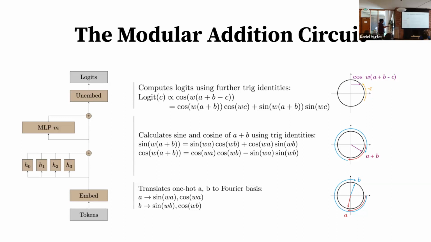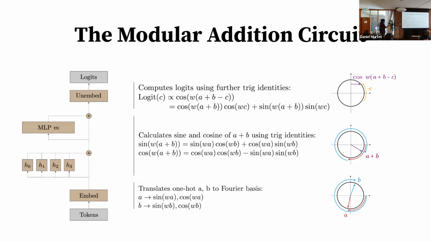So in pictures, this is like adding up these two rotations. You can look at the residual stream at this point, and you can find the presence of terms which look like this by doing a Fourier transform and looking in the Fourier basis.